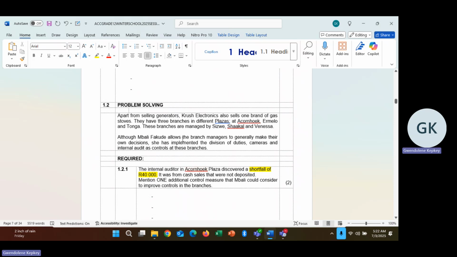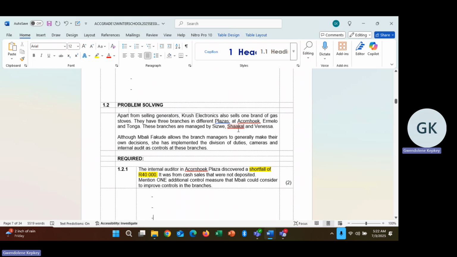Let's read. Apart from selling generators, Crush Electronics also sells one brand of gas stoves. They have 3 branches in different plazas: Eikenhoek, Ermelo, and Tonga.